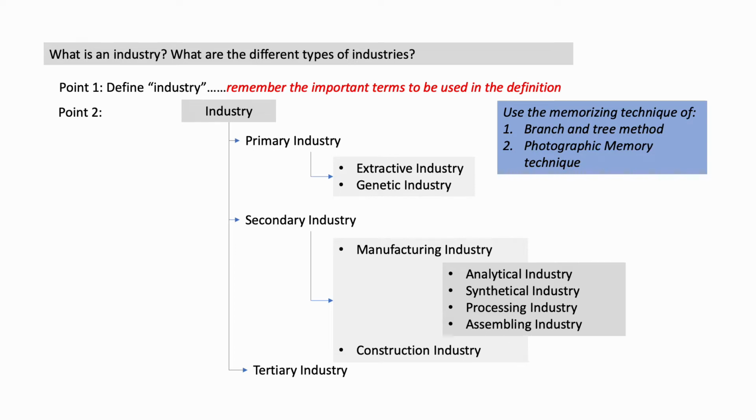So the question is, what is an industry and what are the different types of industries? So the first point is, we have to define industry in 1 or 2 points, just like we had defined business in video 1. So we will get to that in the next slide.